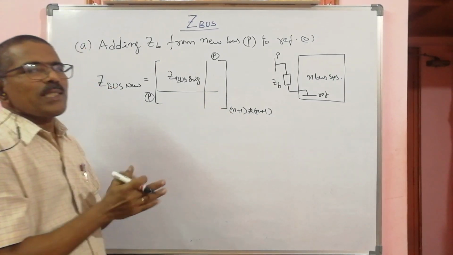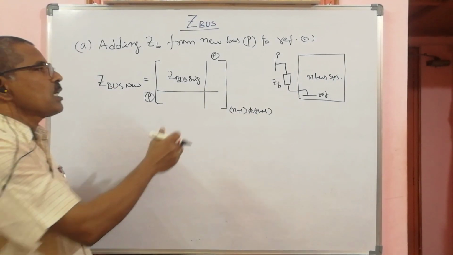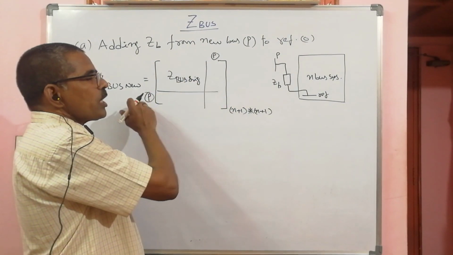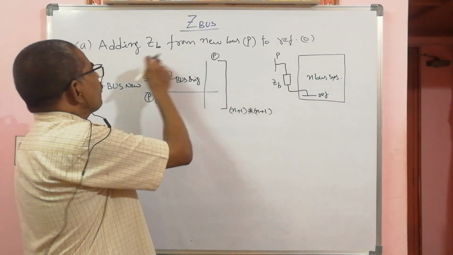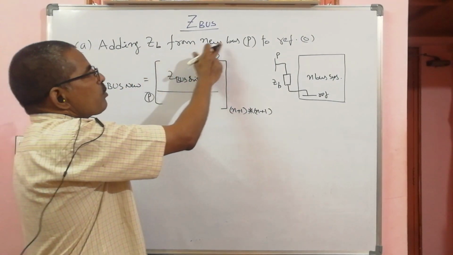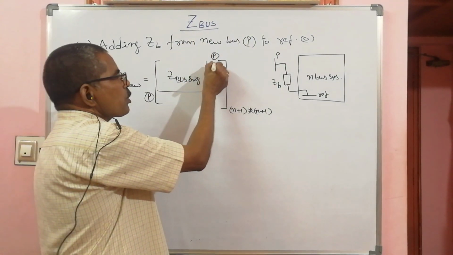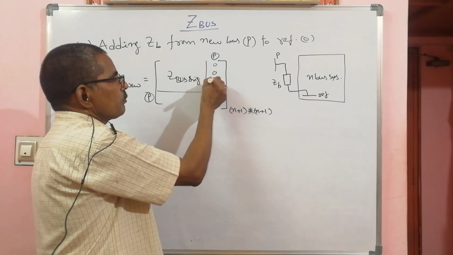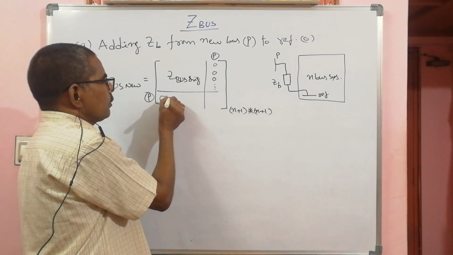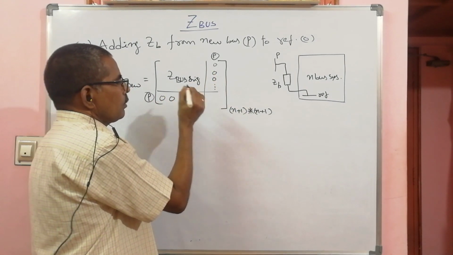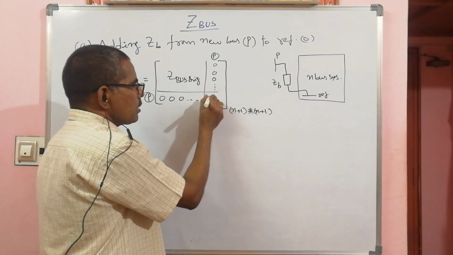Okay. And at the same time, you get here a diagonal. So simply, as I said, the procedure here is you need to add an additional row and a column, and whenever it is adding ZB from new bus P to reference, you just keep zeros. And this is just ZB.